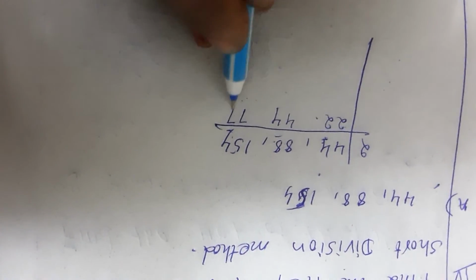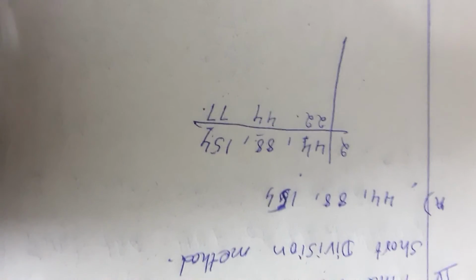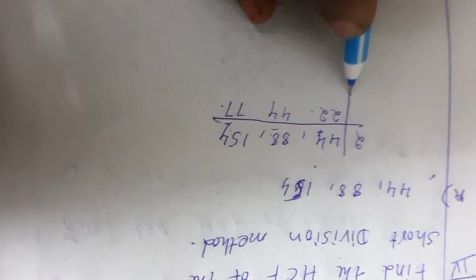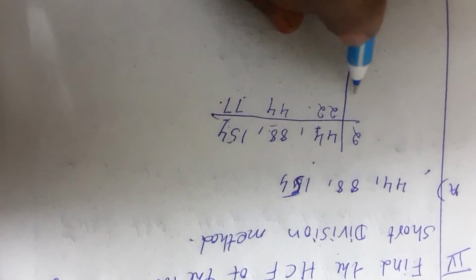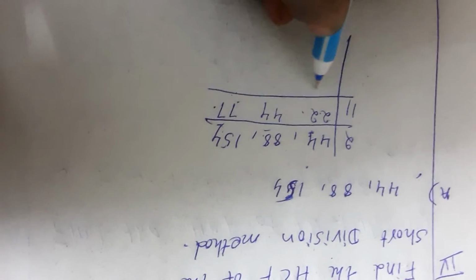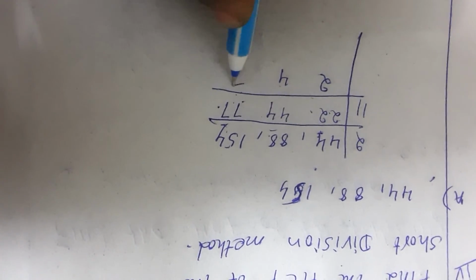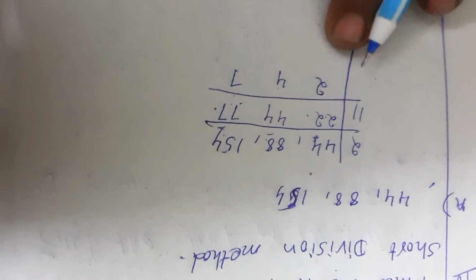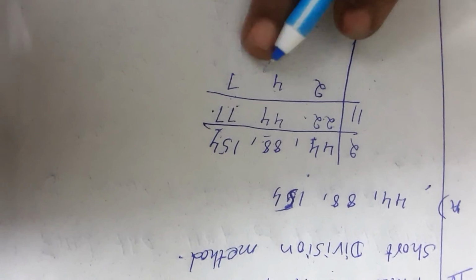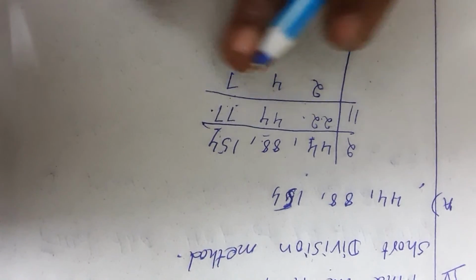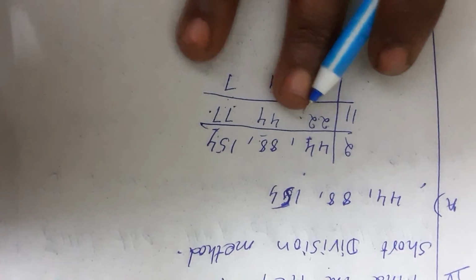Again, all these numbers are divisible by 11. 11 twos are 22, 11 fours are 44, 11 sevens are 77. So in this, 2, 4 and 7 have no common multiple. So you have to stop here.